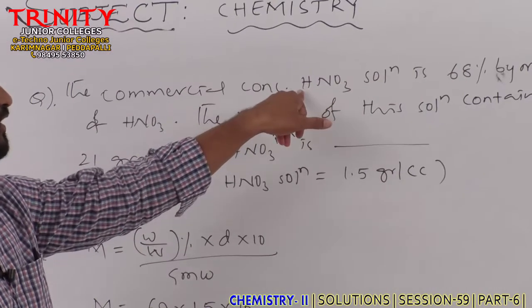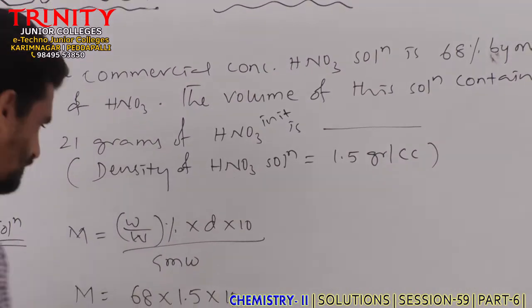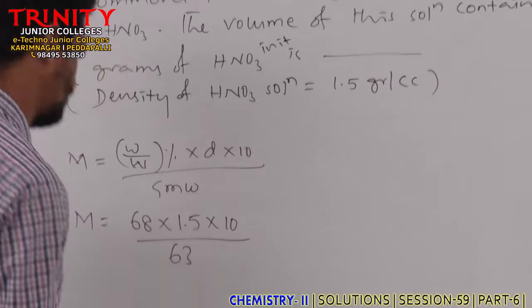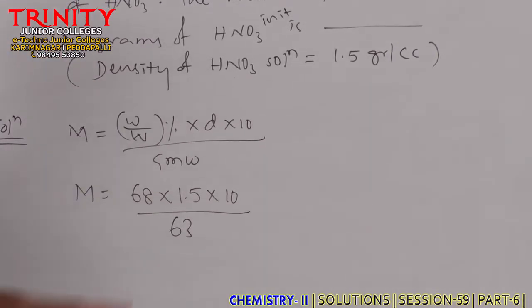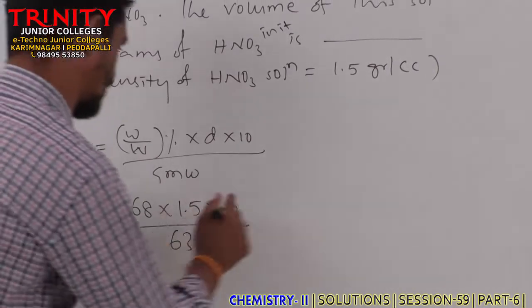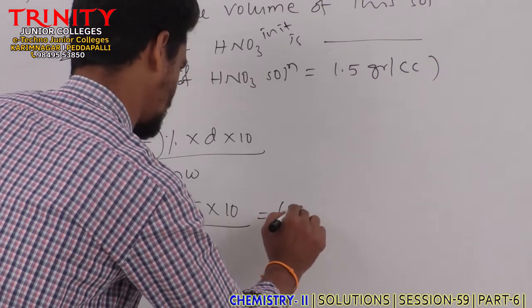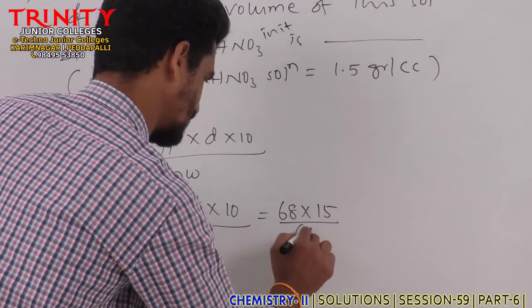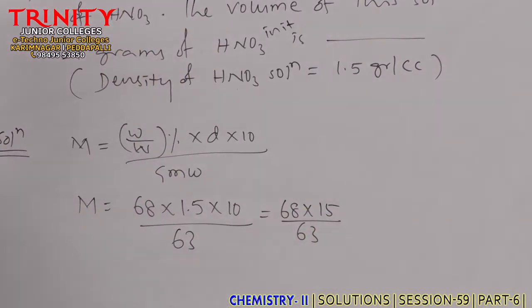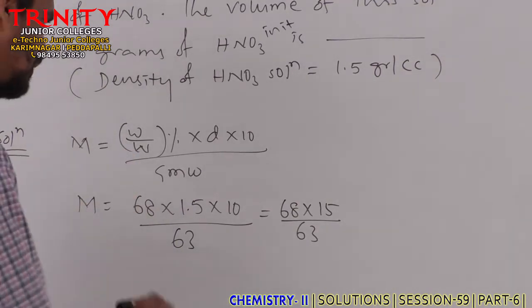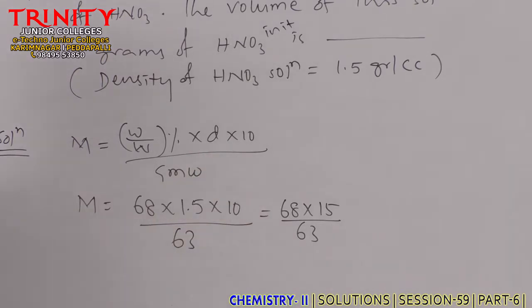The molecular weight of HNO3 is 15 plus 48, that is 63. By simplifying this you'll get 68 into 15 by 63. This is the molarity. You can keep it like this only, no problem.